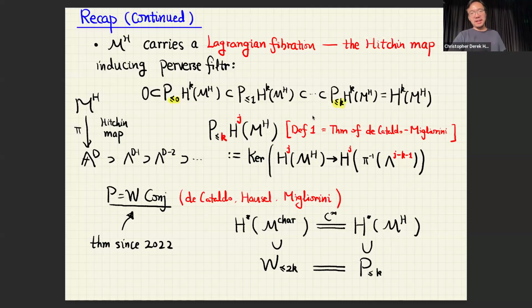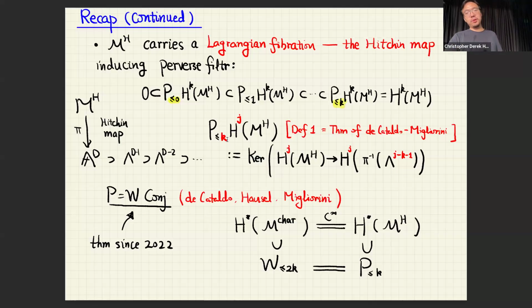This is the definition I gave you for the perverse filtration. In this talk, I will give three definitions of perverse filtrations in different settings, and they are useful for different purposes. This is definition 1, which is essentially a theorem of Mark de Cataldo and Migliorini.